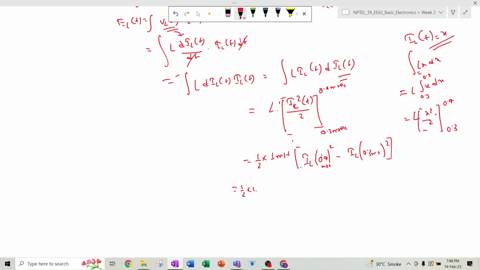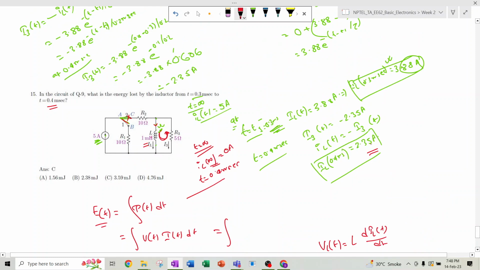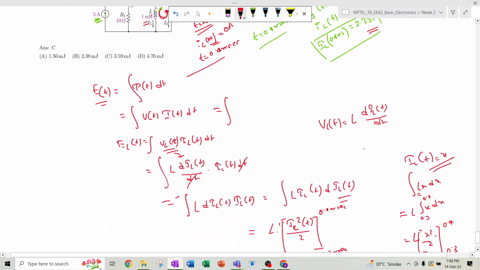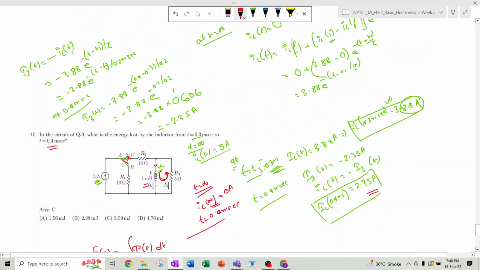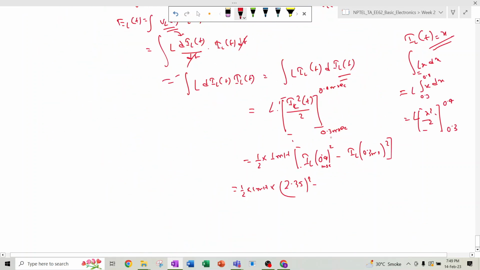So half into 1 millihenry into the value of IL at 0.4 millisecond, which is 2.35 squared, minus 3.88 squared. The result is in millijoule, because L is in millihenry and the current is in ampere.